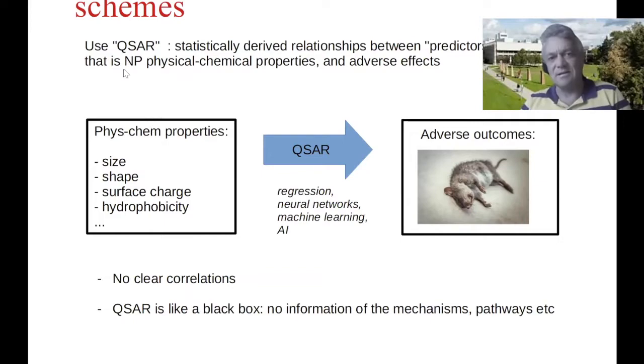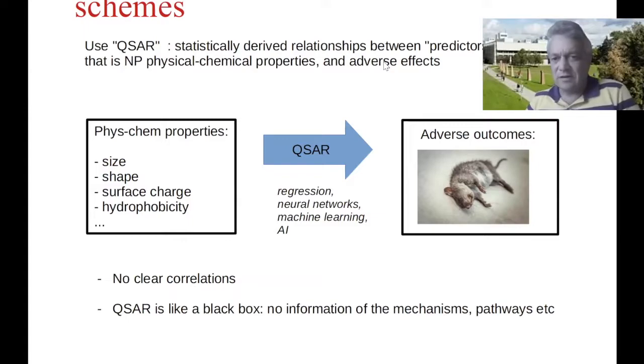This is statistical analysis that uses some predictors and some adverse outcomes, experimental data for physical chemical properties of nanoparticles and the effects they have on living organisms. And then one uses different statistical methods, from simple regression to advanced machine learning and artificial intelligence methods, to make predictions based on this analysis.